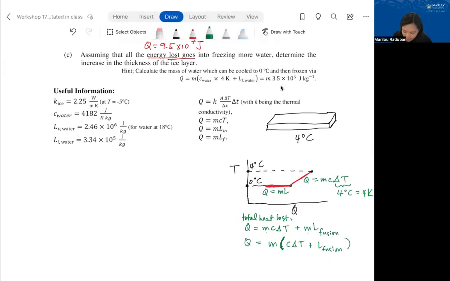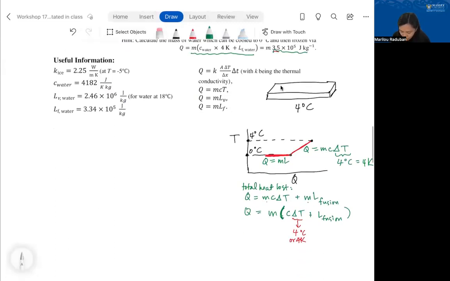So that's where the hint comes from. Q equals mass times (c times 4 plus L). This change in temperature is of course 4 Kelvin, c is the specific heat and L is the latent heat of fusion, L_F. The hint actually calculated the whole thing in brackets for you already, because it's just constant.